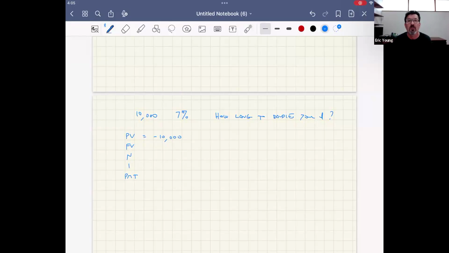It's negative because to double your money, you're assuming that you're going to put the money out into an investment, and when money goes out, signs are negative. To double your money, we have to go from 10,000 to 20,000. I didn't give it to you, but you can sort of deduce it. Notice furthermore that since the money's coming back to you, the 20,000 is positive.